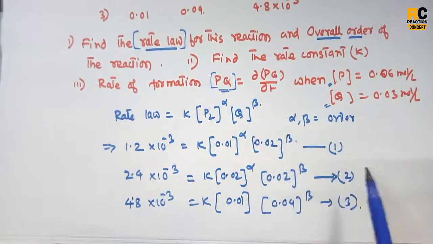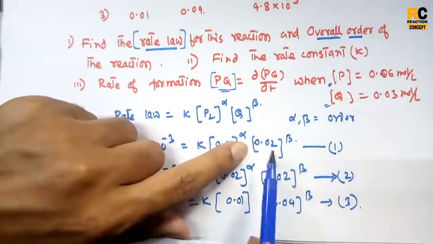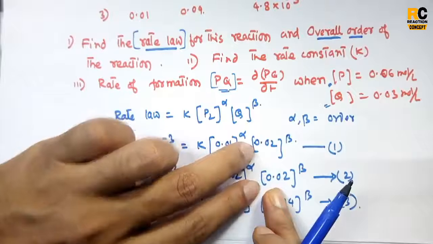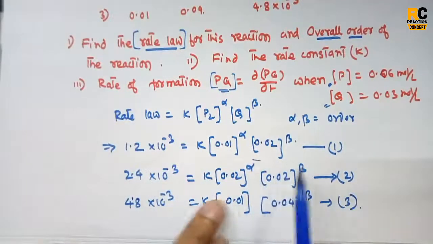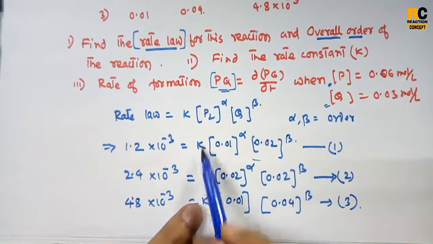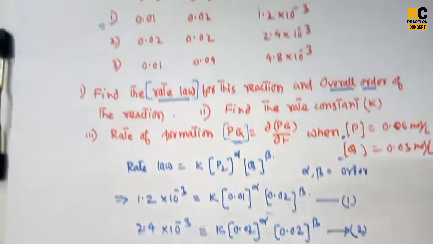If you divide 2 by 1, then the term 0.02 to the power beta from both equations will cancel out, and K and K also cancel out. We will be left with only the alpha value. So let us see how we calculate the alpha value.